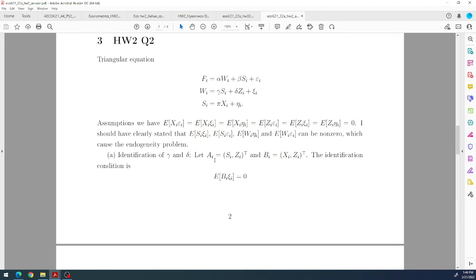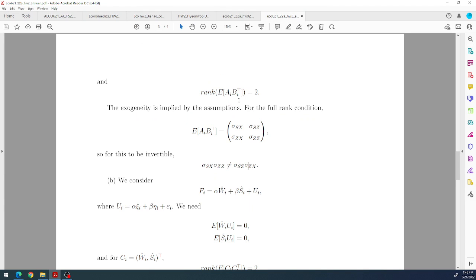So you have to consider a vector, not a scalar. In homework 1, I told you scalar, one single regressor. Multiple regressors are different, and the formulas and conditions are different. So if you use the notation, the identification condition is not bad, not hard to derive. Just calculate something like this, and then you have the determinant non-zero condition.